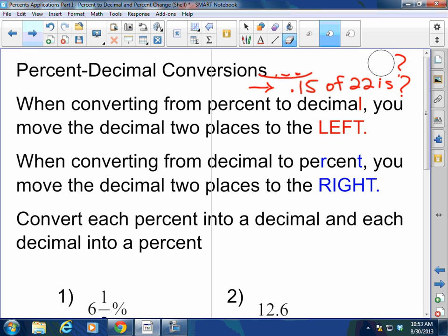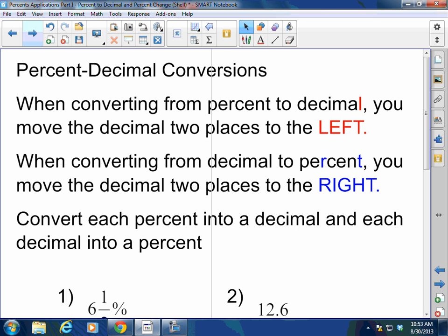When converting from percent to decimal, notice how I have a little red L there. You move the decimal 2 places to the left. So remember, we talked about this already. When going from percent to decimal, L, you go to the left.